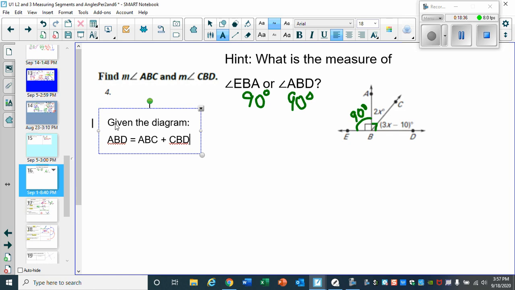And we know that ABD is 90, so 90 will equal ABC plus CBD. That's all I'm going to give you. You can try it if you want. If you don't, no harm, no foul.